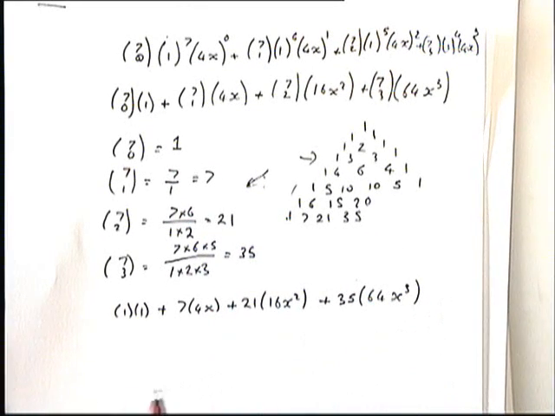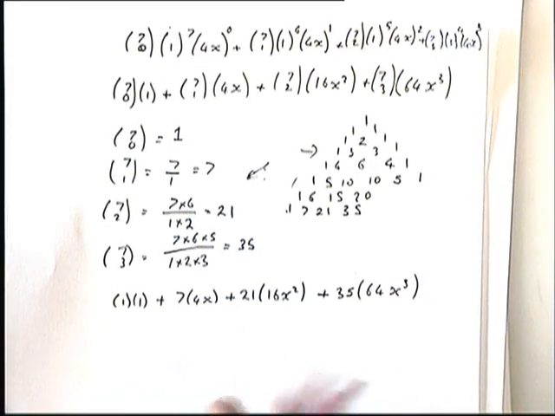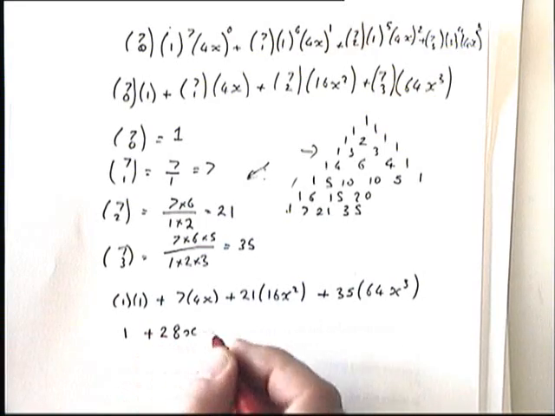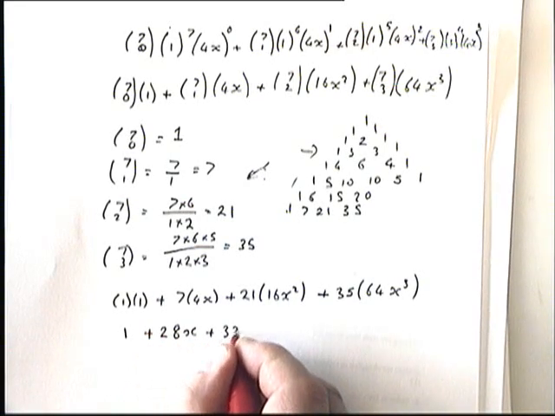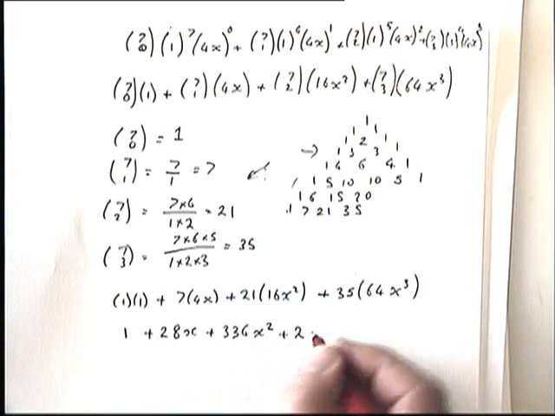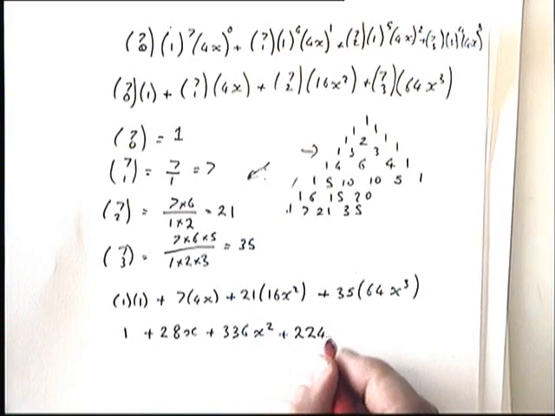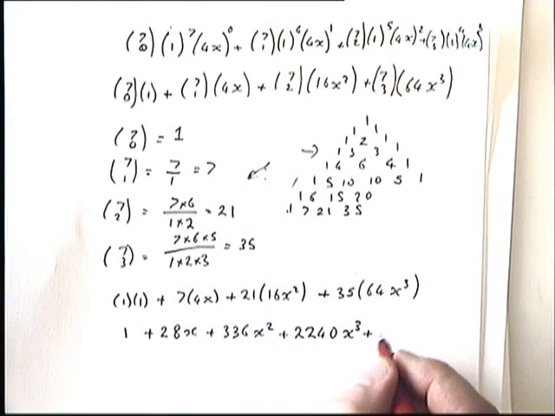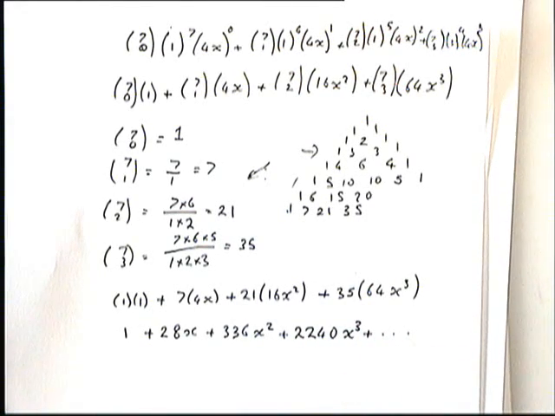So in case I make a mistake, then I will get the method marks. And we'll complete all those. We get 1 plus 28x plus 336x squared plus 2240x cubed. Now that continues, but we're only going to give the first 4 terms. Okay, so that's part 1.